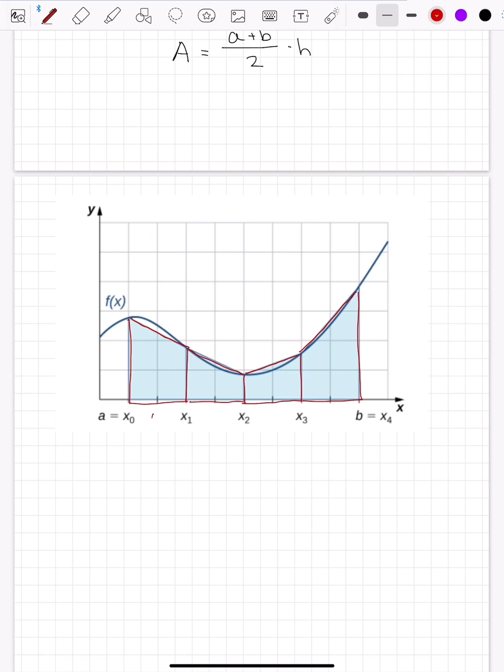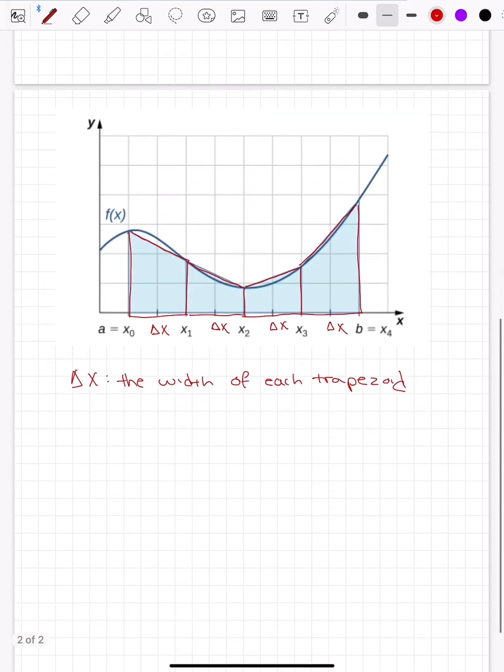Remember that we called the width of each rectangle, which in this case will be trapezoid, the change in x. Or I should say the height, technically, if we're looking at them sideways here.